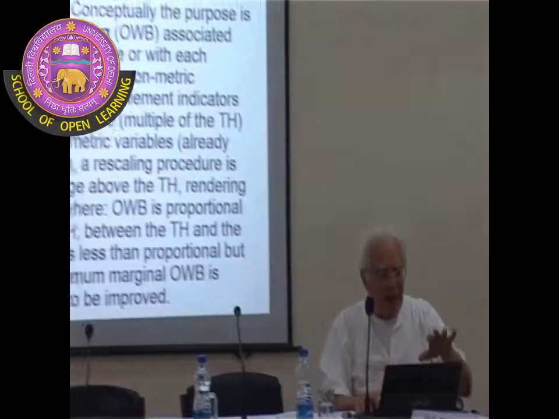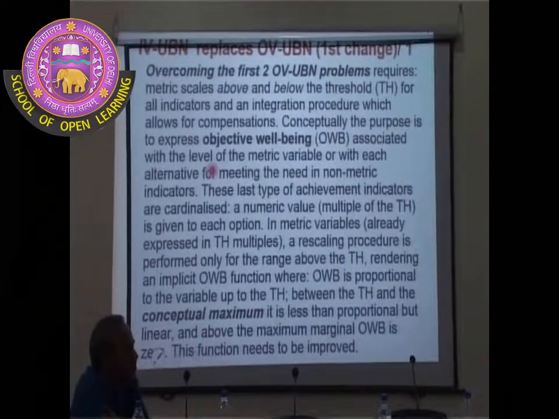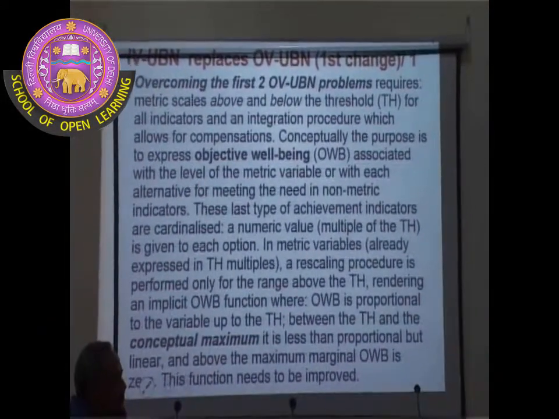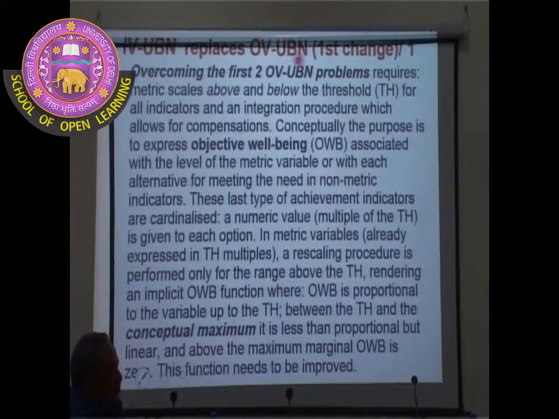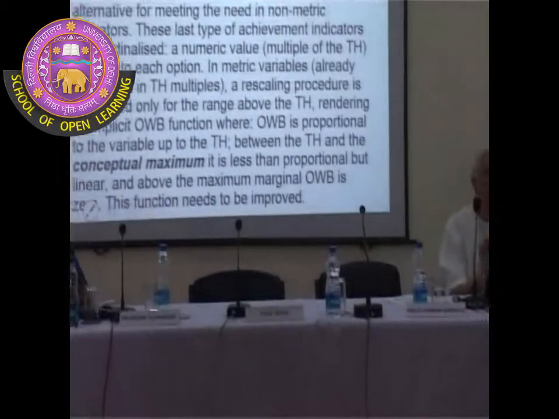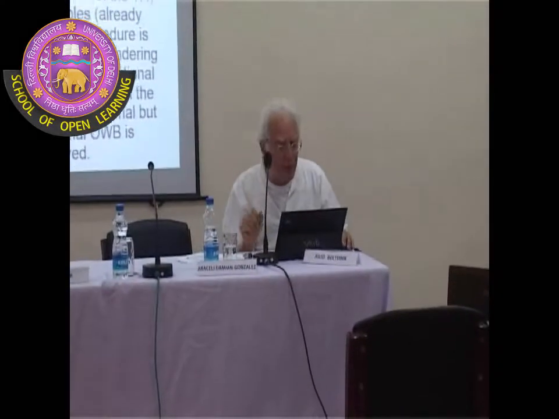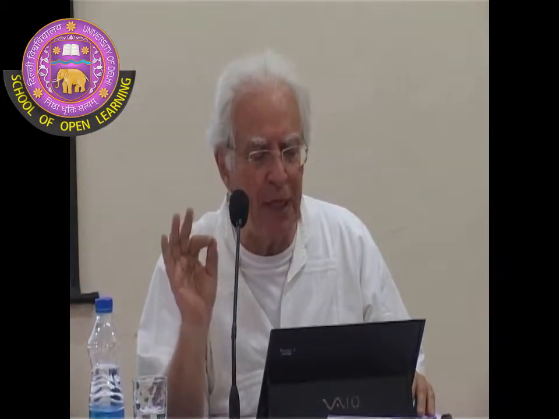So, all these five changes were made. The first part of this is very important. But in order to replace the original variant of UBN by the improved variant of UBN, it requires metric scales above and below the threshold for all indicators and an integration procedure which allows for compensations.